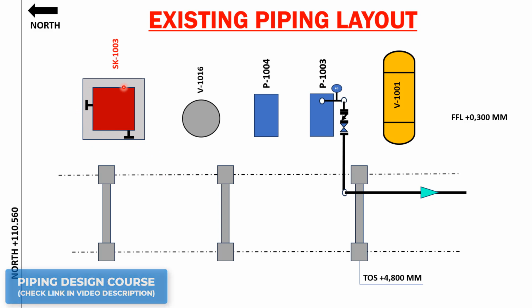The vendor designs the entire skid, but the orientation of the nozzle you have to provide. You have to provide the favorable and proposed nozzle orientations for the discharge as well as the suction to the vendor. If the vendor has any concern, he will come back to you. If you don't have any concern, then the vendor will follow your design.